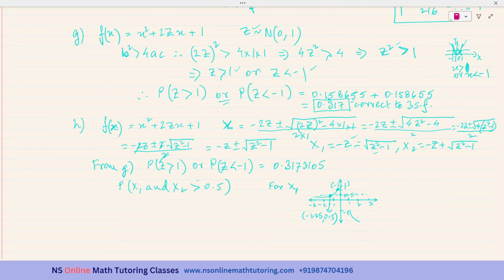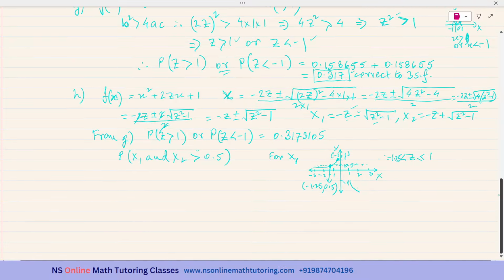And these are the x and y. Because we have graphed, we cannot take z. We have taken x and y. So therefore, the z values will be, z should be greater than negative 1.25, but should be less than or equal to 1. This is for x1. And what is for x2? Let us get the graph for x2 also.